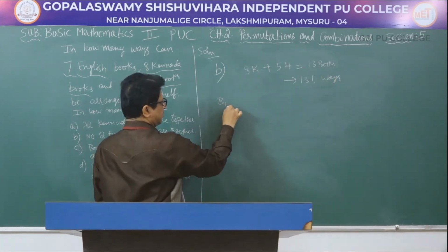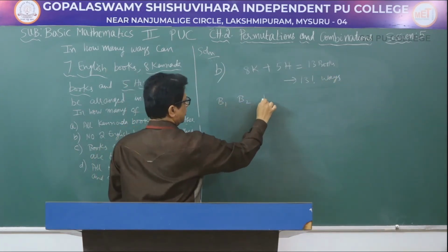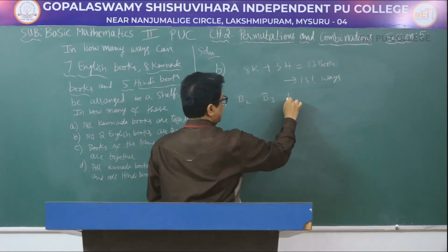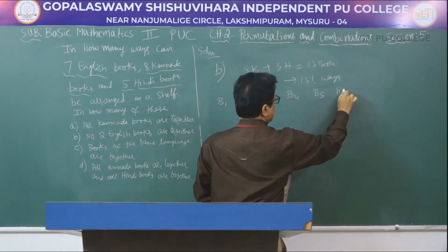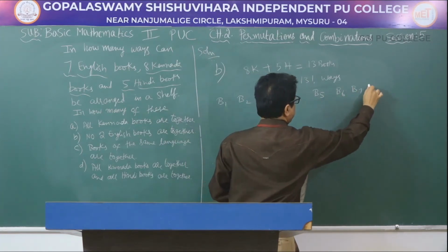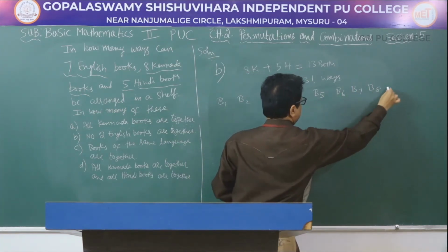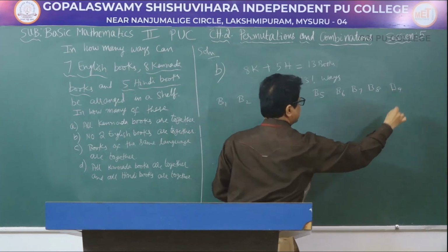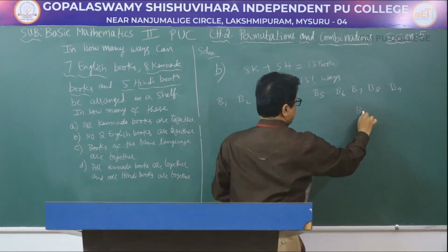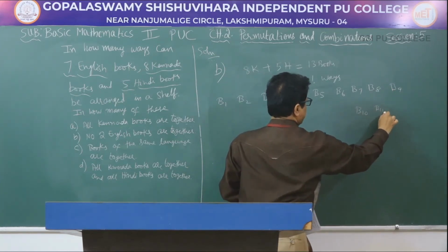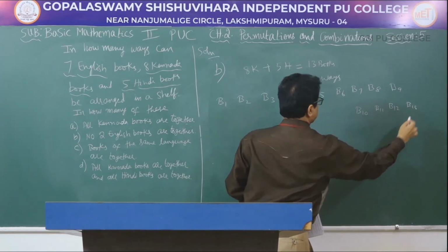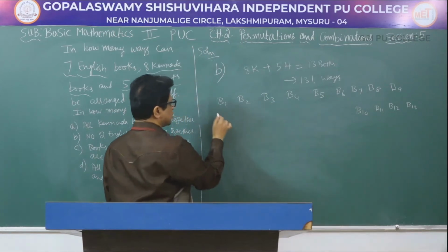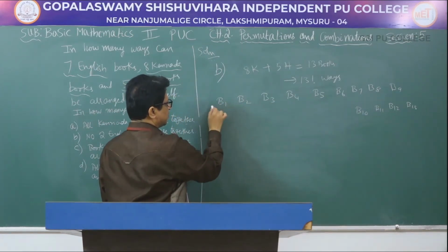That is B1, B2, B3, B4, B5, B6, B7, B8, B9, B10, B11, B12, B13, and the English books have to be arranged in between the other books.